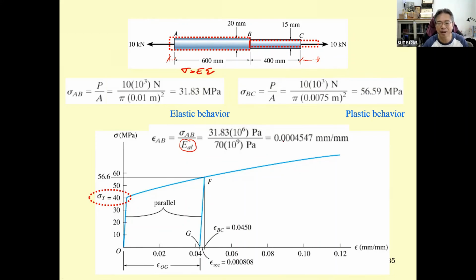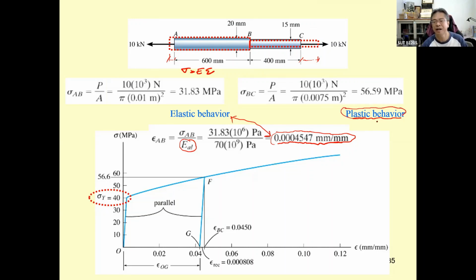That is going to be the strain due to the elastic behavior, which is usually very small. Next, for the plastic behavior, we cannot use Hooke's law.